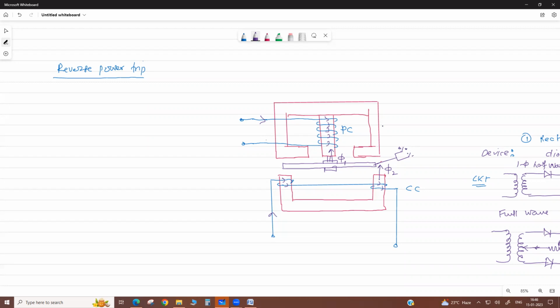These two contacts go to the trip coil circuit of your circuit breaker. This supply is coming from the CT, current transformer, and this is coming from the PT, potential transformer, if it is the high voltage side. Otherwise, for 440, it comes from the PT terminal.